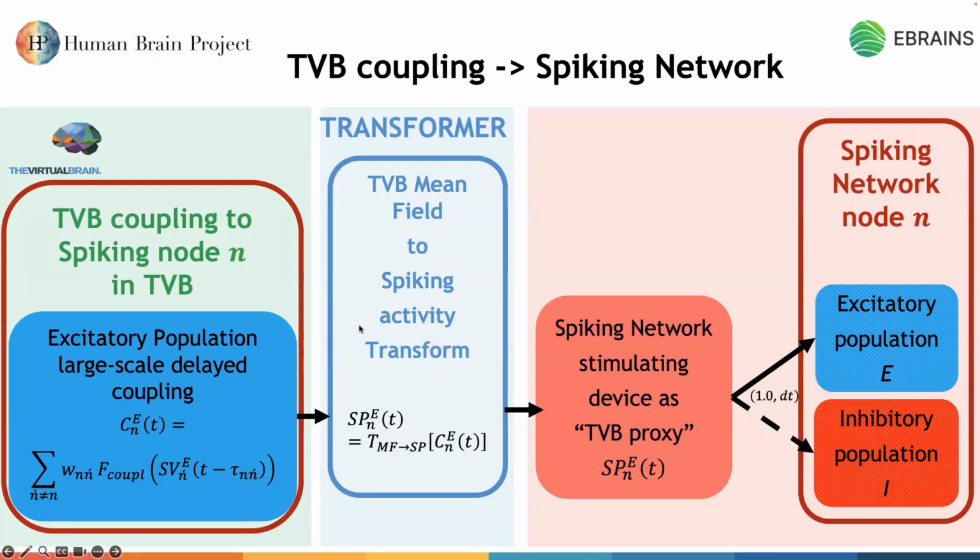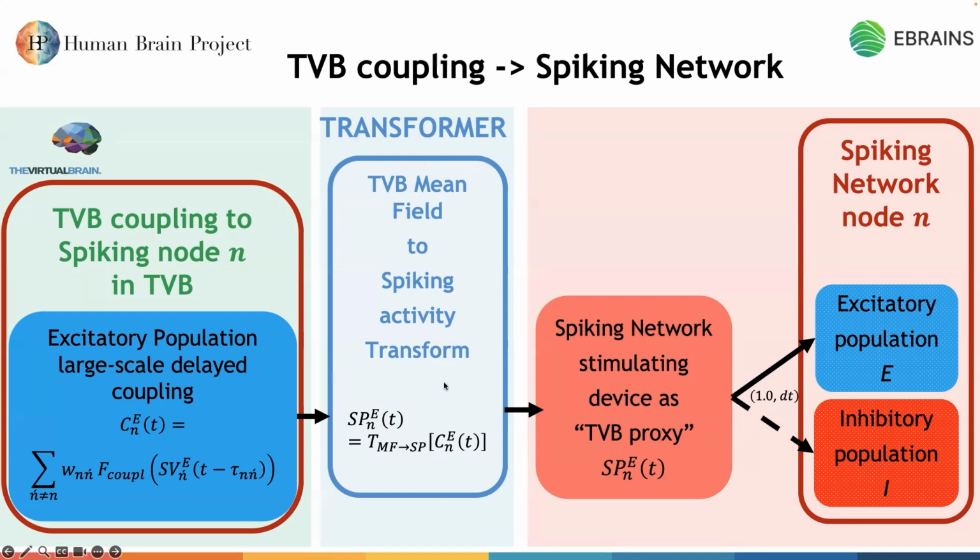Mind that this transformation and the kind of quantity that can travel from the TVB to NEST can be practically any kind. Obviously, the most obvious transformation is when we convert mean field activity into spikes. But there are also examples where we just send currents, for instance. And also when we make a transformation from rates to spikes, it doesn't have to be that this transformation takes place outside in the transformer.